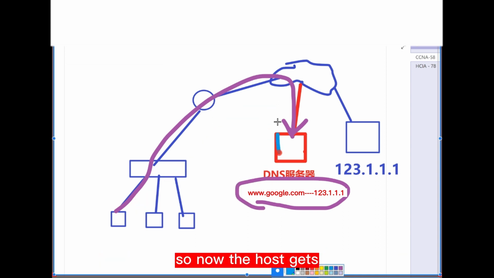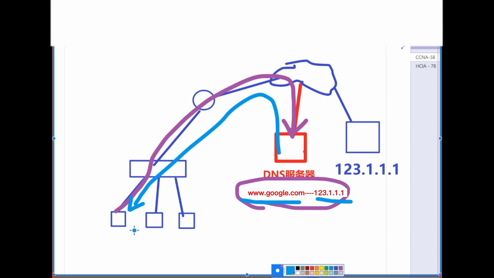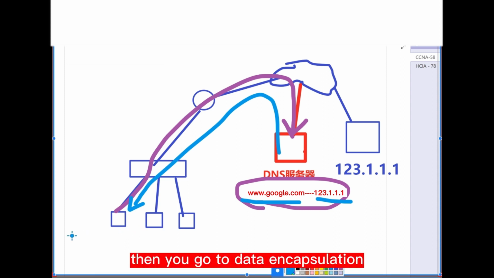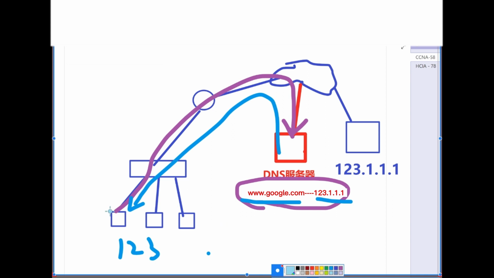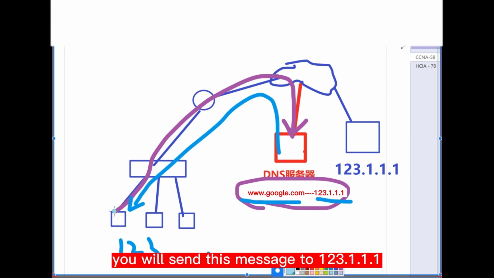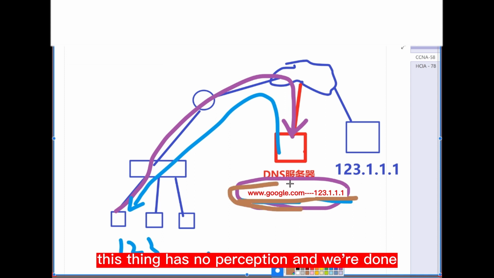So now the host gets that www.google.com corresponds to 123.1.1.1. Then you go to data encapsulation. Only then will the destination IP be written as 123.1.1.1, which is equivalent to sending this message to 123.1.1.1, instead of sending directly. But for us, this thing has no perception and we're done.